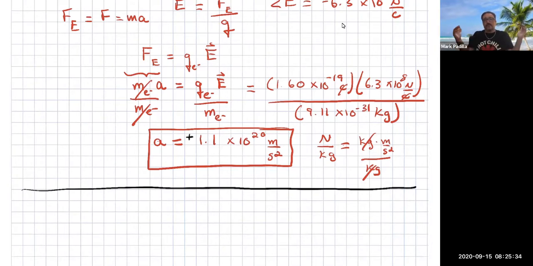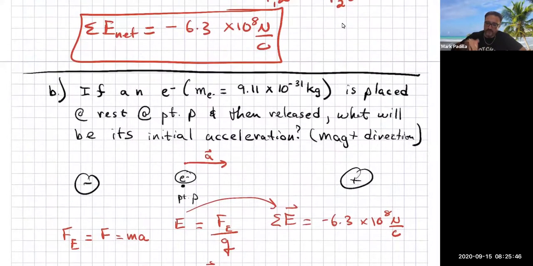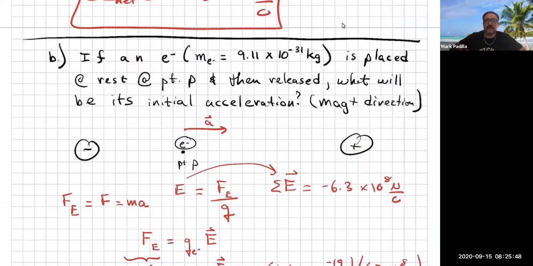Could we have chosen it the other way in the very beginning? Of course, but this is the way we chose to figure it out. All right. What if I put a proton right between the two? That has the same exact charge, right?